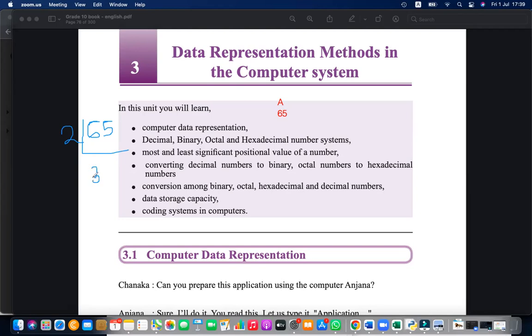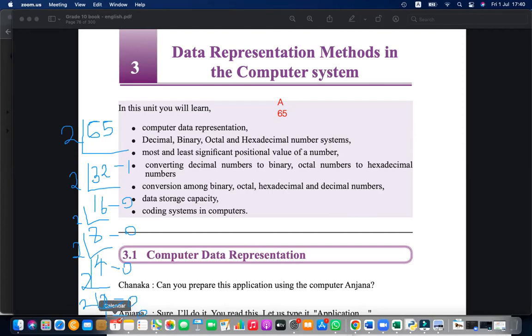65 divided by 2 is 32, remainder 1. 32 divided by 2 is 16, remainder 0. Divided by 2 again, that is 8, remainder 0. Divided by 2 again, that is 4, remainder 0. Divided by 2 again, that is 2, remainder 0, and divided by 2 again, that is 1, remainder 0.